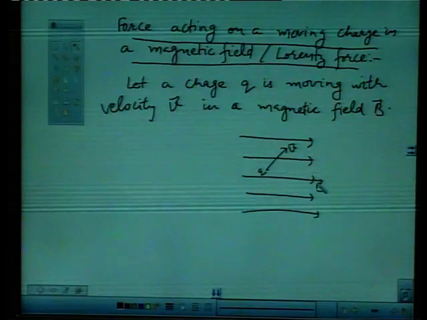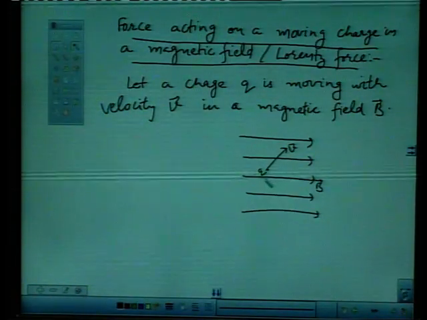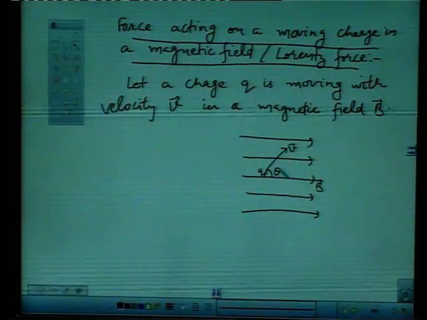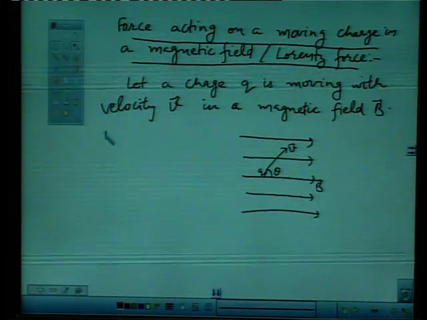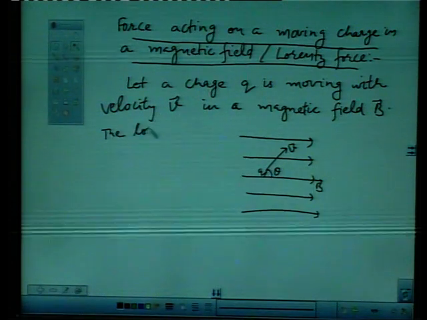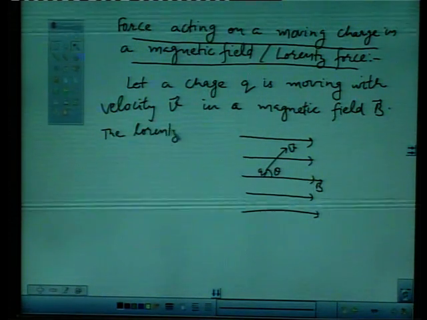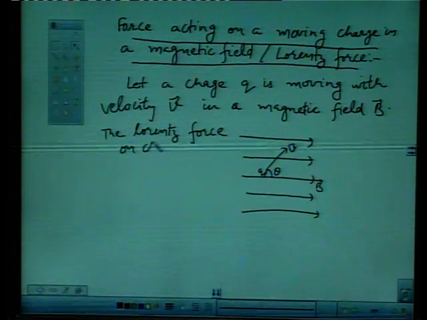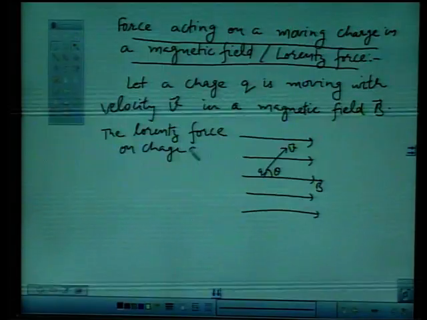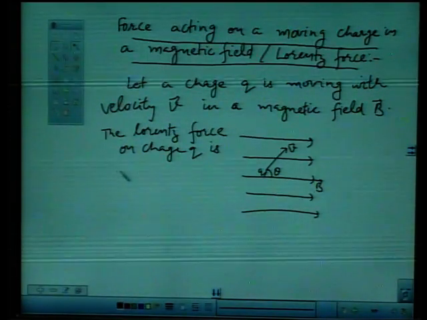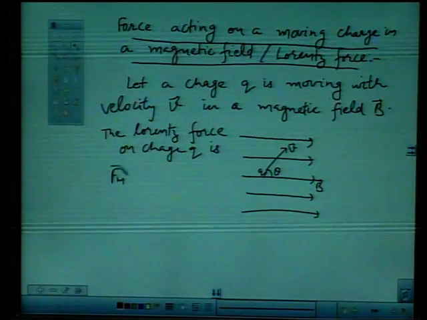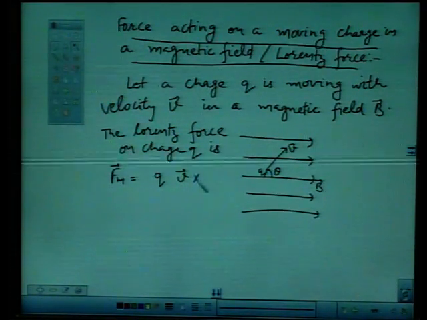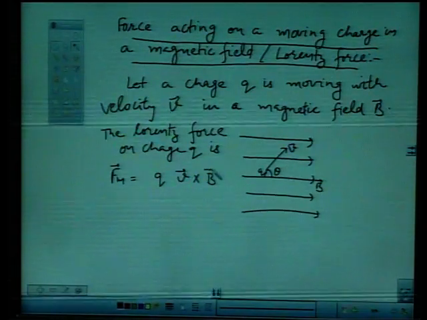So the magnetic field is B, and the charge is moving at an angle theta to the magnetic field B. So the Lorentz force on charge q is F_m vector equal to q (v vector cross B vector).